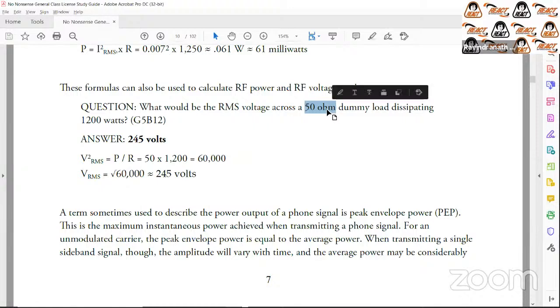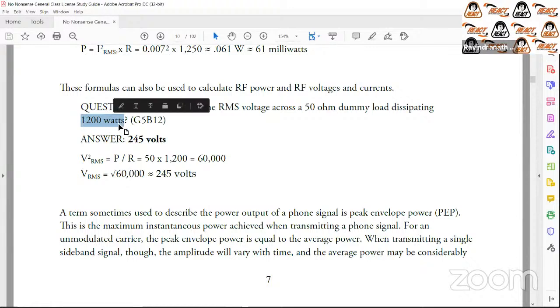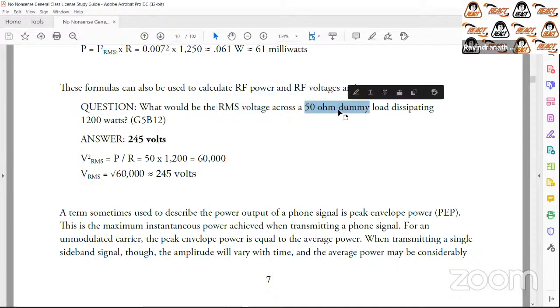So we know that formula has to have the term R in it because R is resistance, R is ohms. And they gave us power, which is 1200 watts. Watts, once they tell you something watts, you know that is power. So we need a formula that has P for power, V for voltage, and R for the load, or the 50 ohms.